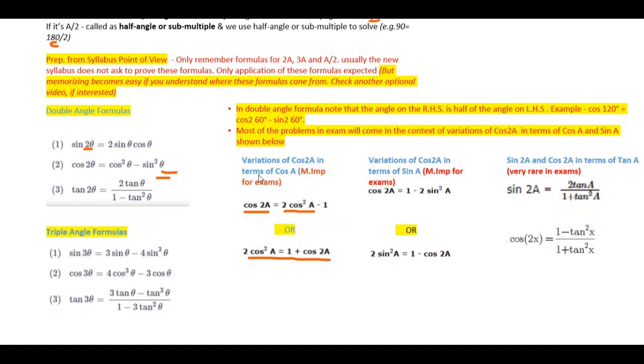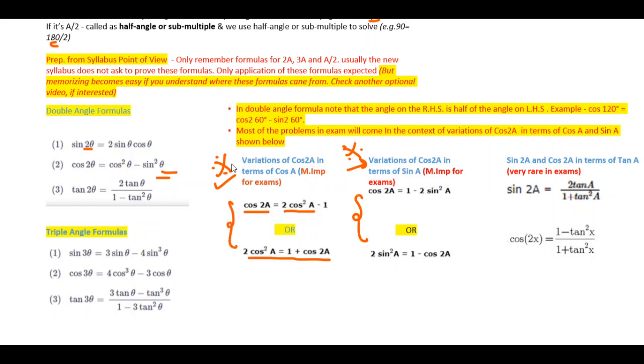So these two variations, this one, let me write it down, hold on. Okay, here, this one and this one are super important. Most of the problems in the exam, whatever you get, will be asking you to apply one of these formulas.